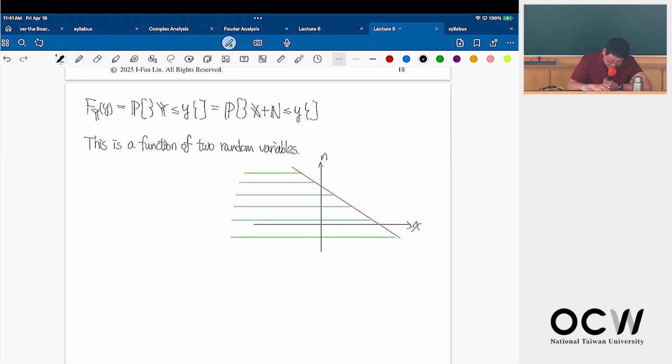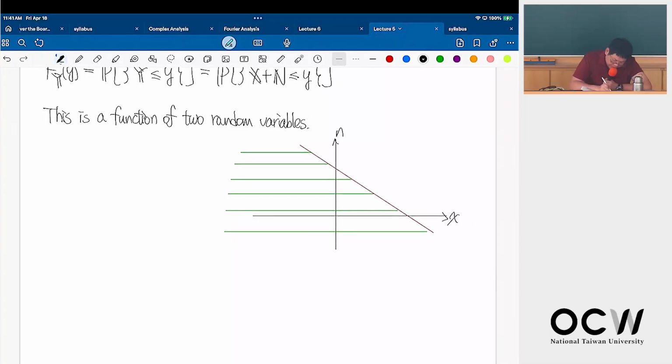So finally, here's a note for this. Y given x equals x is Gaussian with the mean x and the variance 1. And the random variable y is not Gaussian.